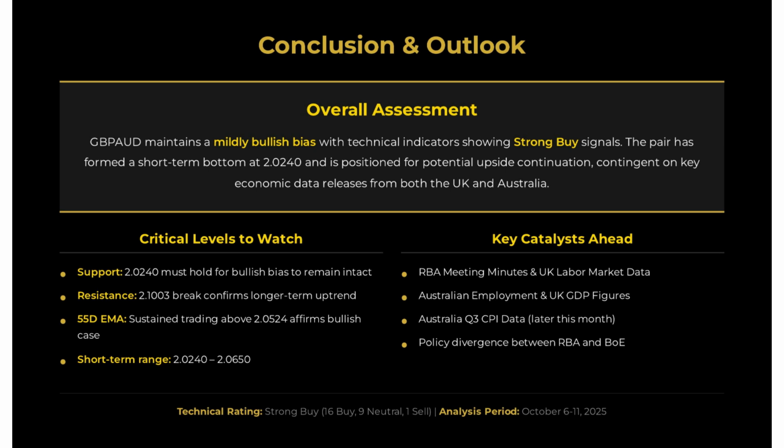Looking ahead, key catalysts include the RBA meeting minutes and UK labour market data, Australian employment, and UK GDP figures, Australia's Q3 CPI data later this month, and the evolving policy divergence between the Reserve Bank of Australia and the Bank of England. Our technical rating stands at strong buy, with 16 buy, 9 neutral, and 1 sell signal for the analysis period of October 6th to 11th, 2025.